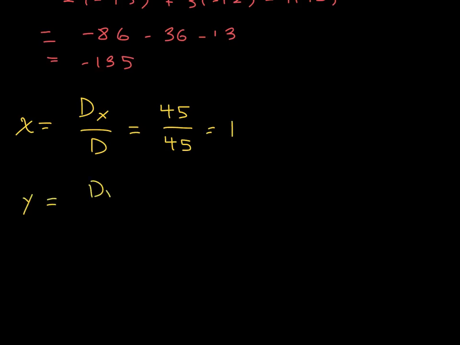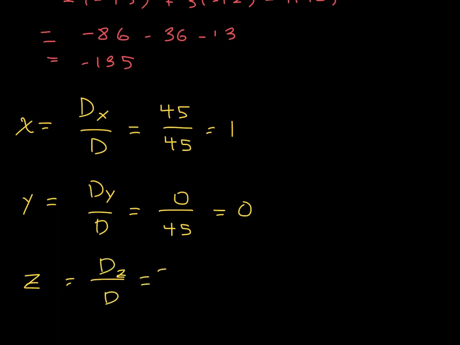Y is this quotient, d sub y over d. Again, d is 45, right? And we found d sub y to be 0, so this coordinate is 0. And then z, we just found d sub z divided by d. We found d sub z to be -135. And again, d is 45. So then this coordinate here is -3.